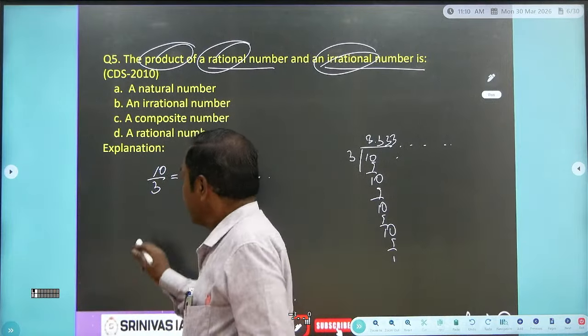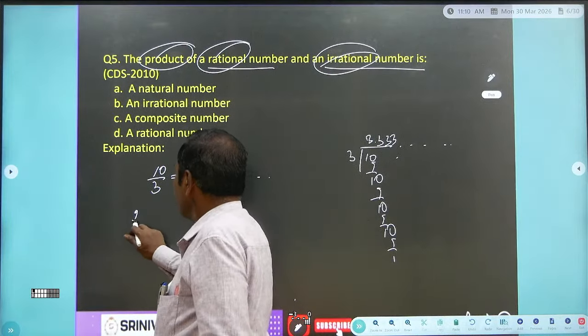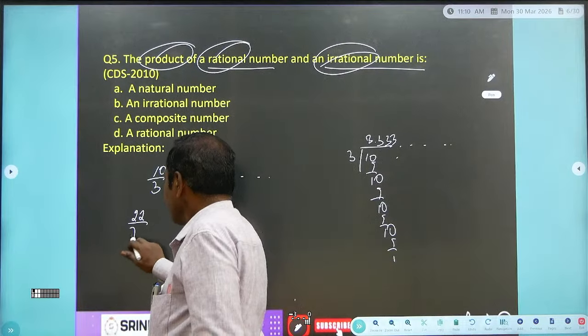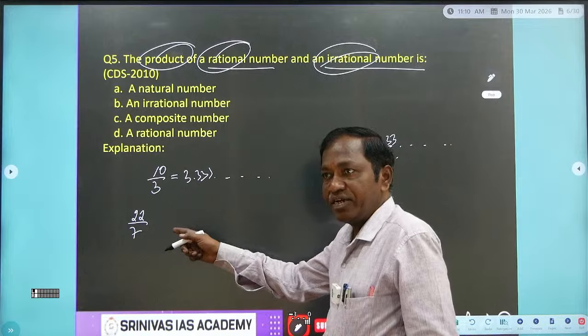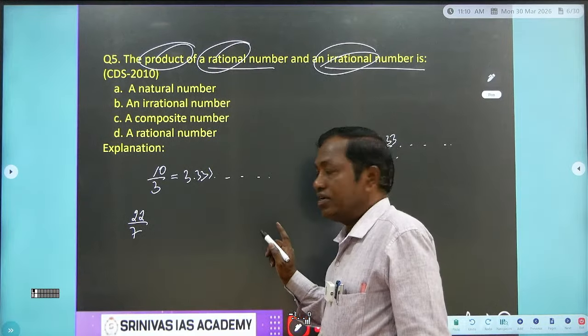Everything you cannot remember. See, for example, 22 by 7 is an irrational number. Though it is a fraction here, actually it is an irrational number. Why?